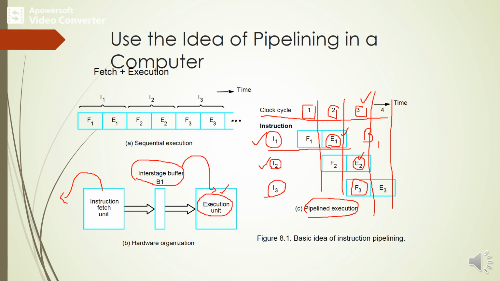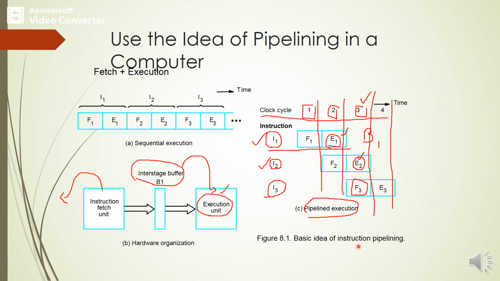Here we can observe that in diagram A, the sequential execution of instructions is given. The processor will fetch F1, and execute E1. After execution of the first instruction, the processor will fetch F2 and execute E2. After completion of the second instruction I2, it will fetch F3 and execute E3. This is nothing but sequential execution.